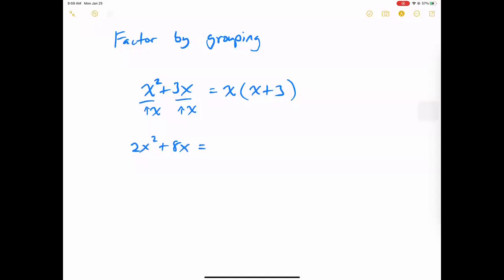Now, you always want to double check it, especially when you're starting to learn something. If I can go forward, can I go backwards? If I double check, x times x is x squared, and x times 3 is 3x. Okay, just to make sure I am in the right ballpark here: 2x times x is really 2x squared, and 2x times 4 is really 8x.